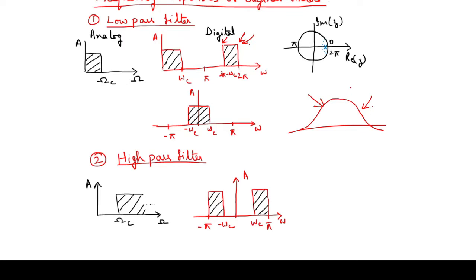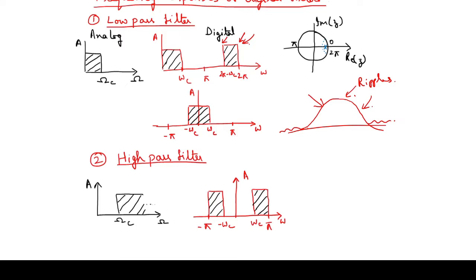Obviously there might be some ripples either in the pass band or in the stop band. Those ripples are accepted. However, the Gibbs phenomena will be taken care of to a maximum extent.